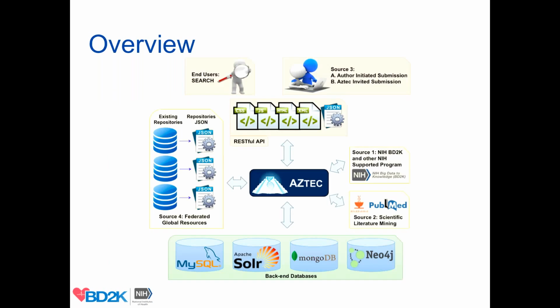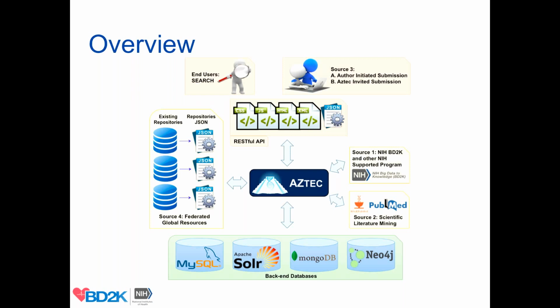This diagram gives a quick overview of Aztec Structure. The web application of Aztec provides an interface to search for the tools. Users can interact with Aztec through a web application or directly through an API.